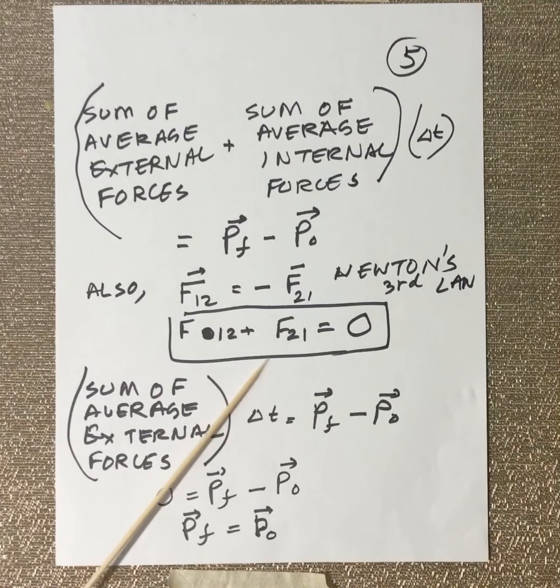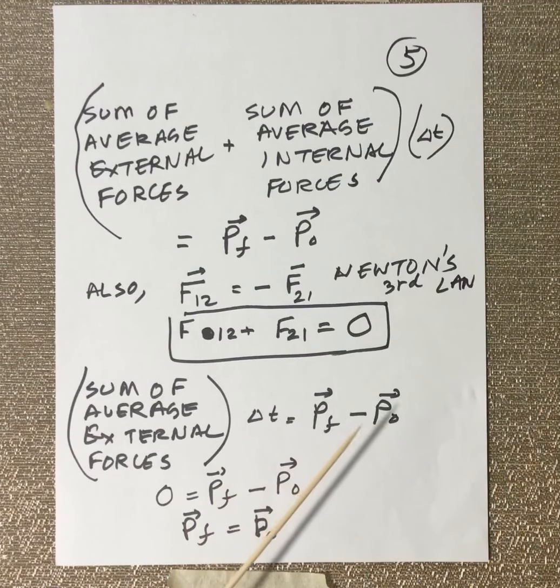So F12 plus F21 equals 0. So now what happens here is that the sum of all the average external forces times delta T will be PF take away P0. So finally you have that equal to 0 on the left side, and the difference on the right side is P final, take away P0, which is now PF equals P initial.